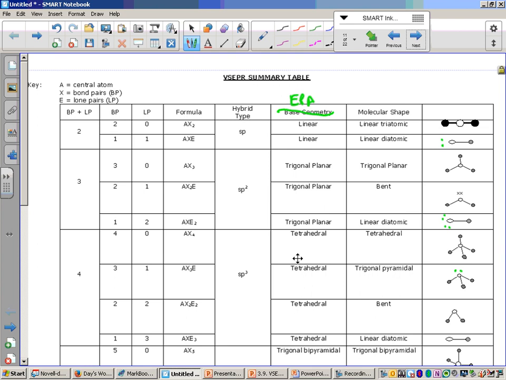Okay? Remember our trigonal bipyramid? Two of them stuck together? This isn't a bipyramid. There's only one pyramid there. So it's a trigonal pyramidal, not a trigonal bipyramidal. All right? So there it is right there. Trigonal pyramidal. Or you could put trig pyr, and that would be good enough for me, as long as it doesn't have a bi in there. It's not two of it, it's just one.